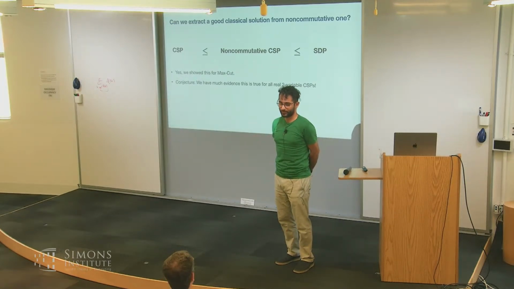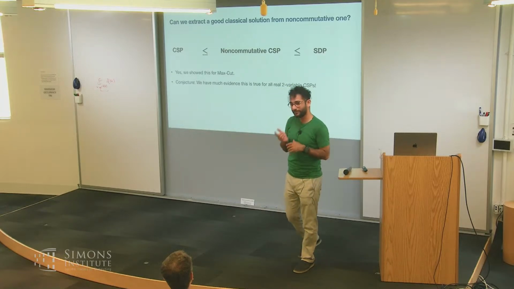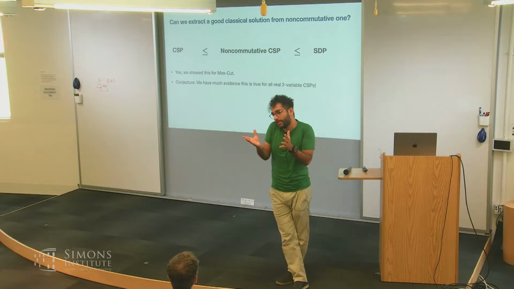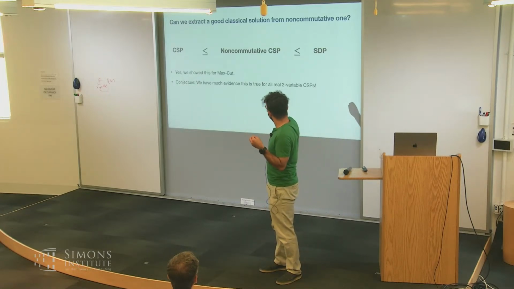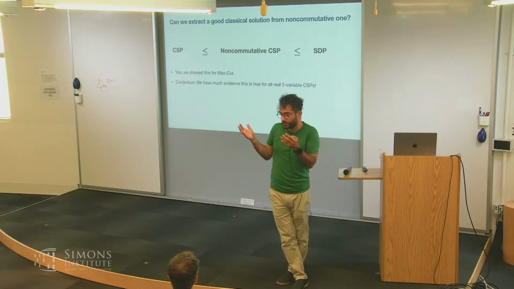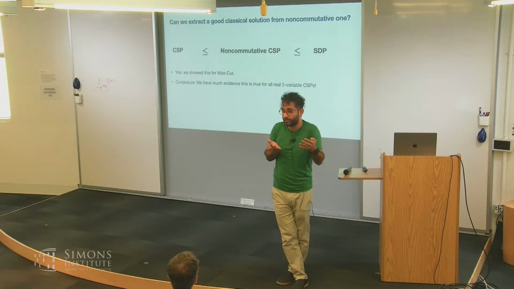You're saying if you can solve this CSP, which could be NP hard, then it's kind of like cheating now. Yes, but we want to know what is the gap between these two problems. It seems that the non-commutative solution is really preserving a lot of the structure of the classical problem.